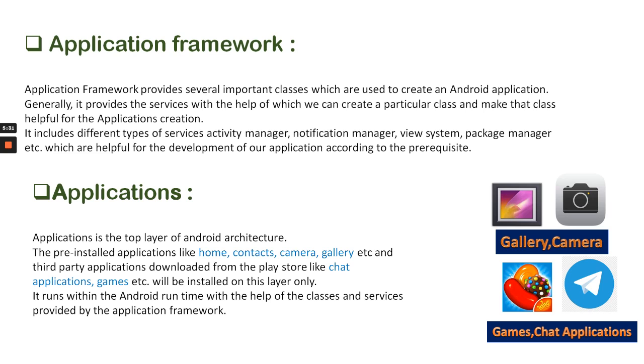So as I said earlier, every component is interconnected. It depends on the earlier component. Likewise, when we develop applications, they take help of the classes and services provided by the application framework. So application framework we will see when we start actual app development, practically how to use it and how it works.